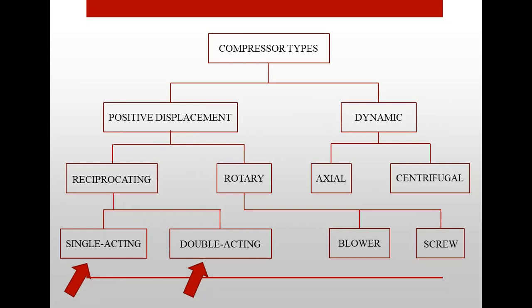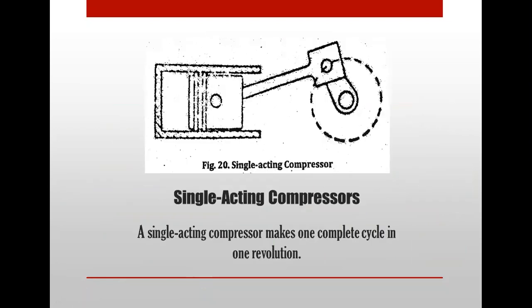First, let us talk about single-acting compressors. A single-acting compressor makes one complete cycle in one revolution. It is a popular type of positive displacement compressor. It uses compressed air to push the piston in one direction and spring force to send the piston back to its primary position.